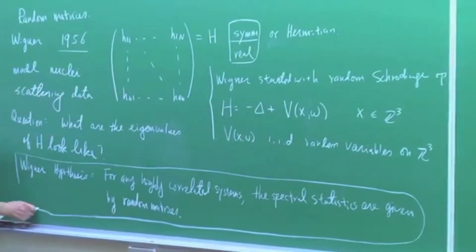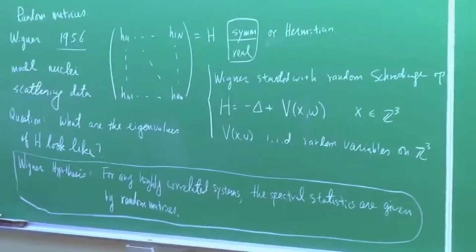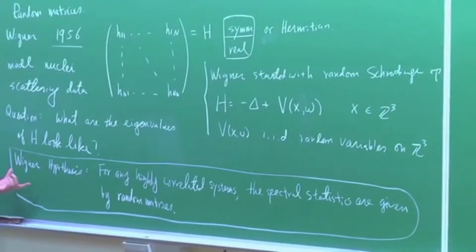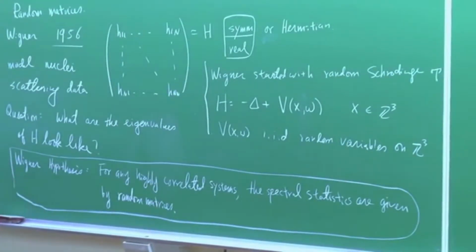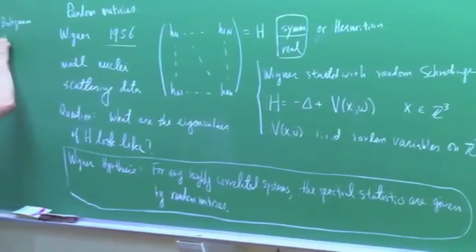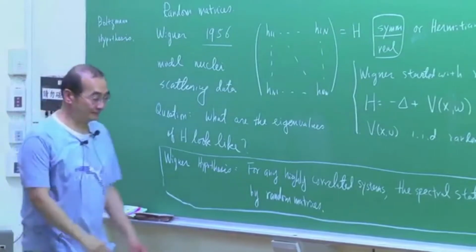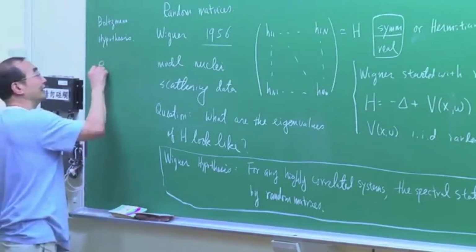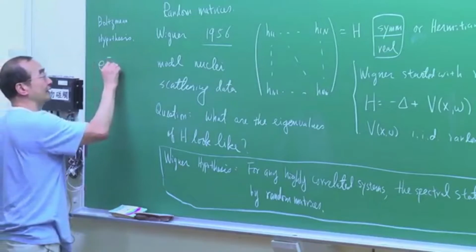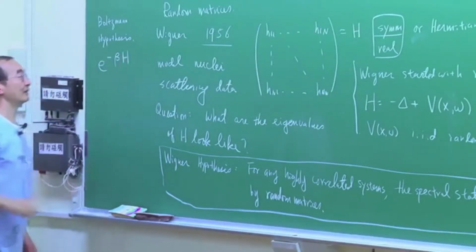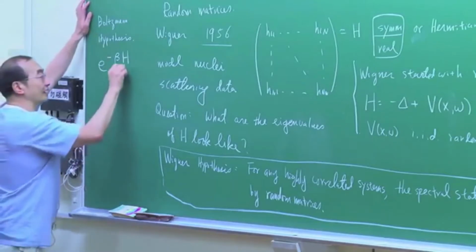And of course, you know, history has many grand hypotheses like this that have never been proved, and they are still a useful guide for our understanding of nature. For example, this famous Boltzmann hypothesis. Boltzmann says that in equilibrium statistical physics, it's given by the ensemble e to the minus beta H, where H is a Hamiltonian.